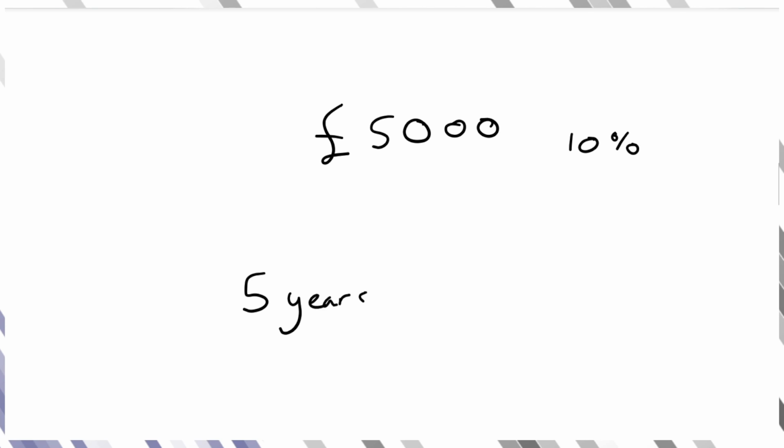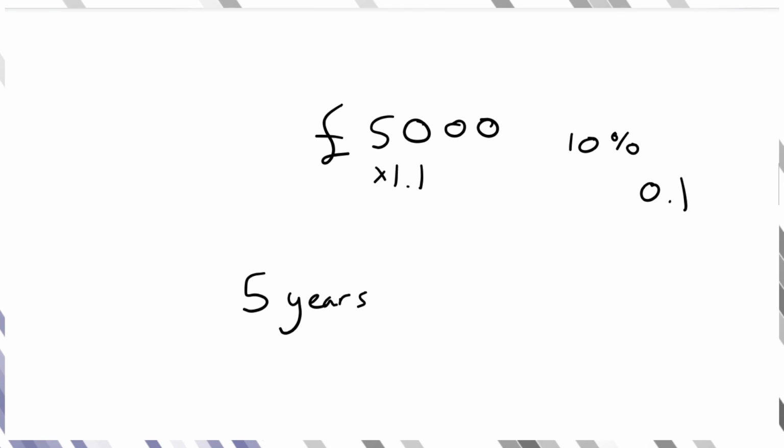Now that could take quite a long time if we do that 1 year at a time very carefully, but if we work out what we multiplied this 5,000 by each year, we can just do that 5 times. 10% as a decimal is 0.1, so we have to multiply 5,000 by 1.1 to increase it by 10%. So if we multiply it by 1.1 5 times, that will give us the amount we have after 5 years.